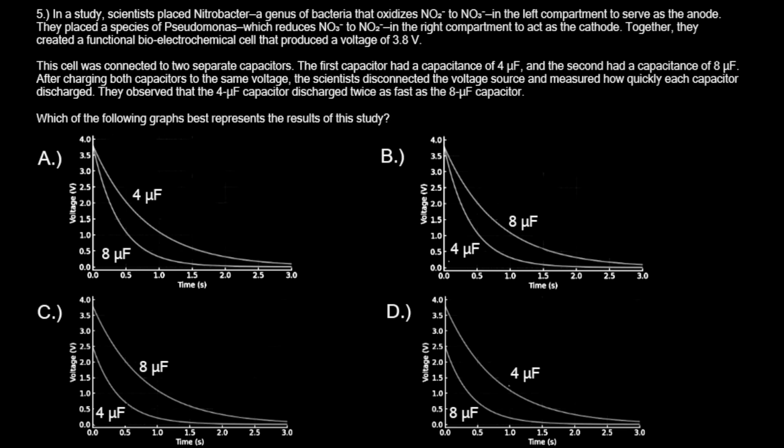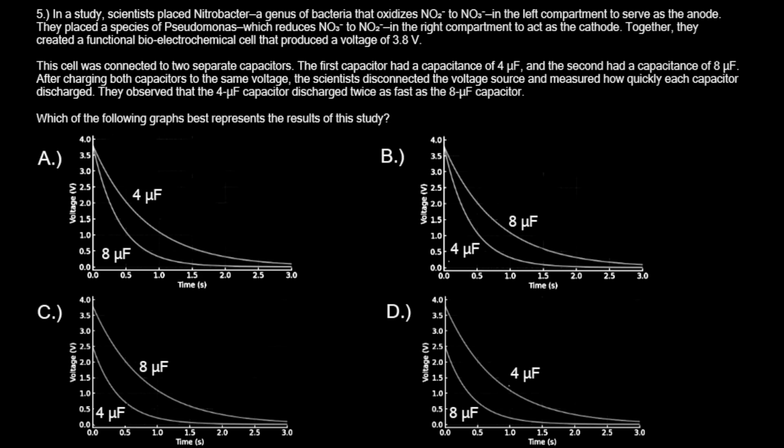Together, they created a functional bioelectrochemical cell that produces a voltage of 3.8 volts. This cell was connected to two separate capacitors. The first capacitor had a capacitance of 4 microfarad, and the second had a capacitance of 8 microfarad.